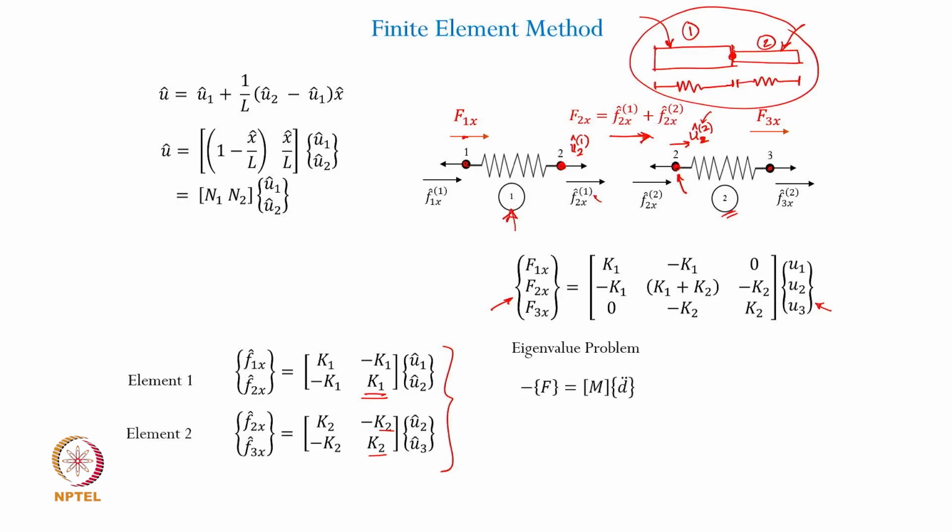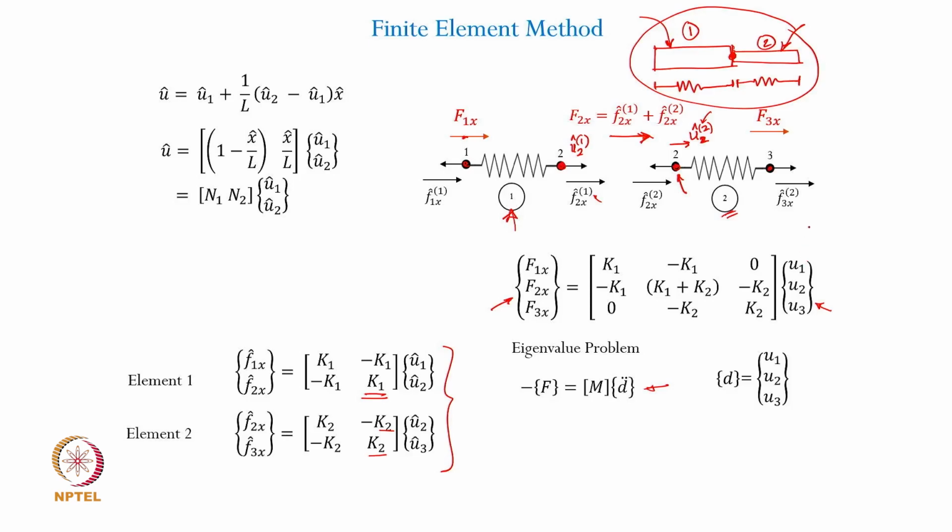So once we get this matrix relationship, we can set up an eigenvalue problem. We all know that we can set up an eigenvalue problem, which we have discussed many times in the past, where in this particular equation D represents all the nodal degrees of freedom or nodal displacements U1, U2 and U3.